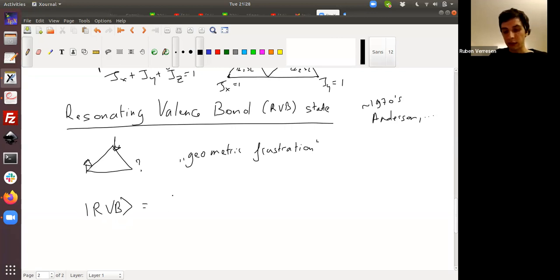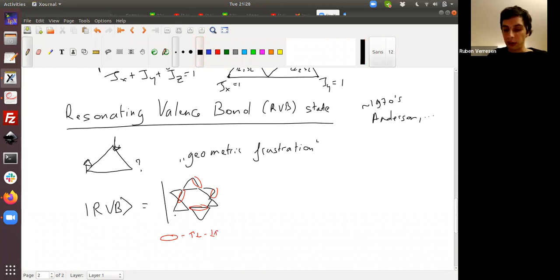For example, let's just think of the kagome lattice. Here's a little piece of the kagome. If the fluctuations are strong enough, instead of ordering, the spins will just pair up in singlets. These red ovals are just singlets.